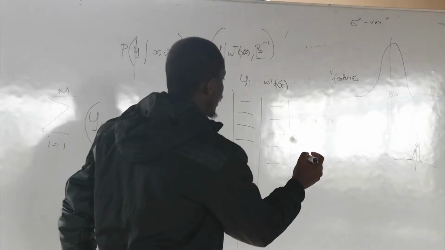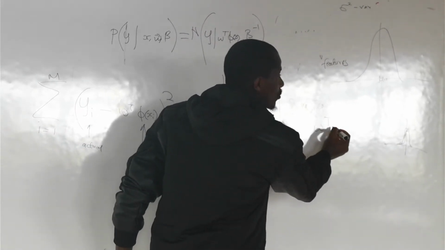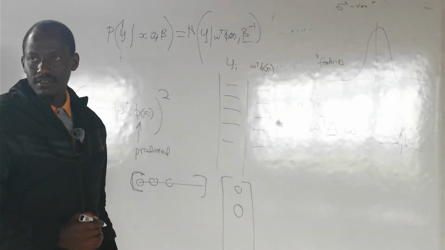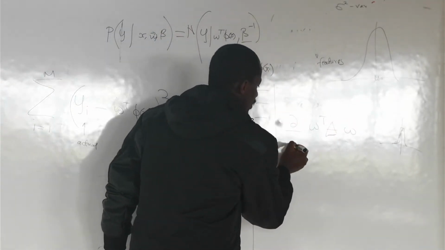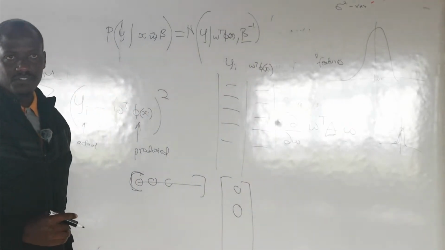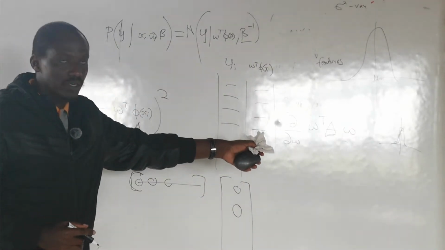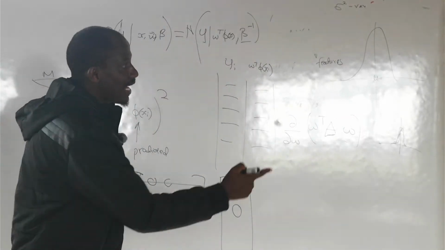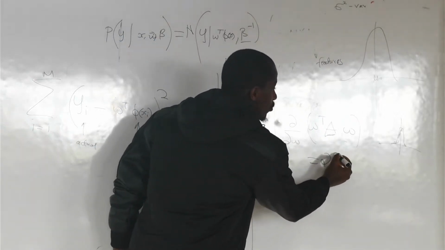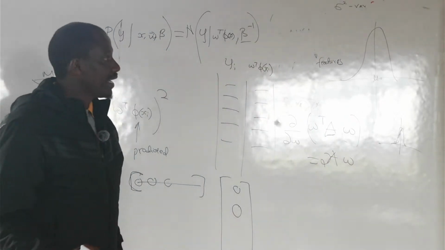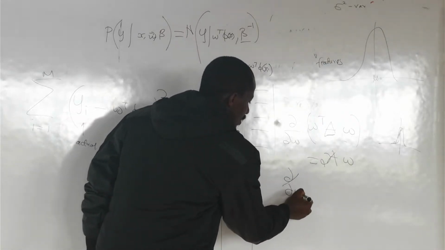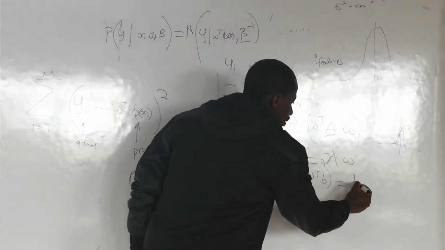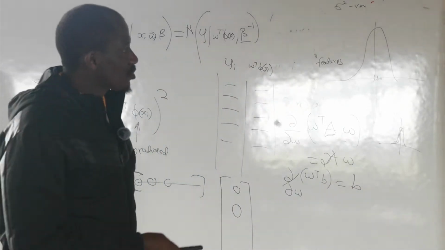If you have a function w transpose A w, where A here is a matrix, and you want to differentiate this, the answer is going to be 2A w. And if you differentiate w transpose b, the value is going to be b. Just noting those two short rules.